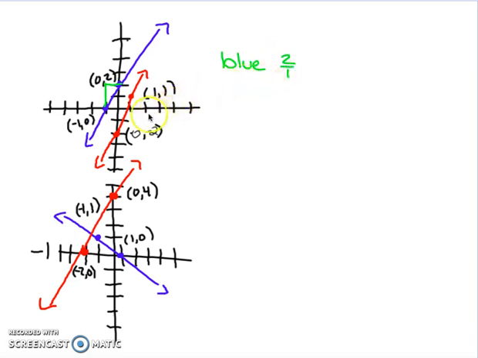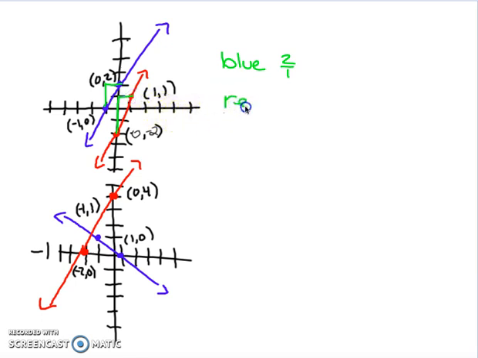And I can do the same thing with the red graph. Make my staircase from point to point. I rise up 3 and over 1. Up 3 and over 1.